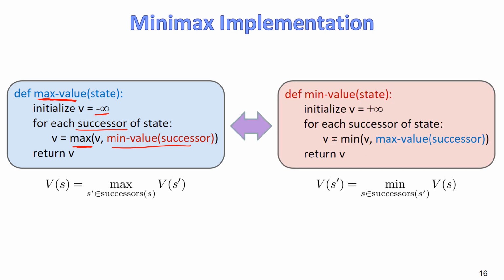But instead of maximizing here, we will minimize the value of the successors. And again, the successors of the min agent are max agents, so we'll have to call the max value. So this function is calling that function for the successors, and that function is calling this function for the successors. And as is very clear, this is recursive.